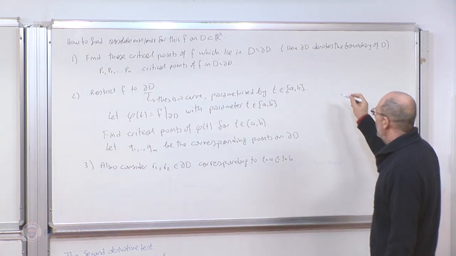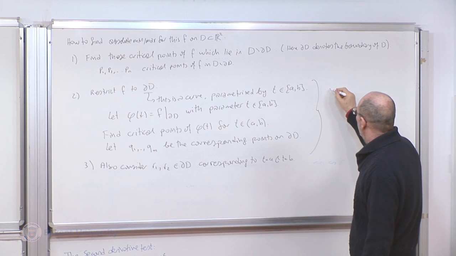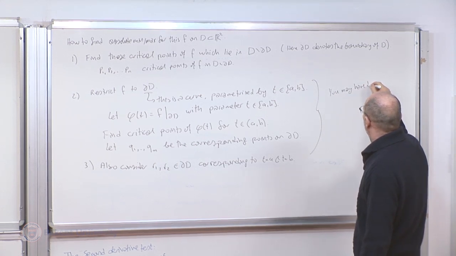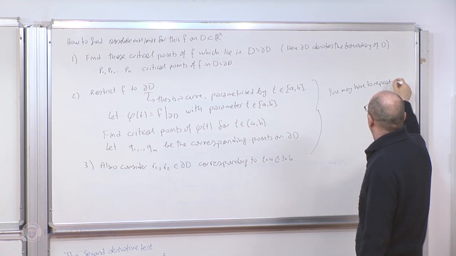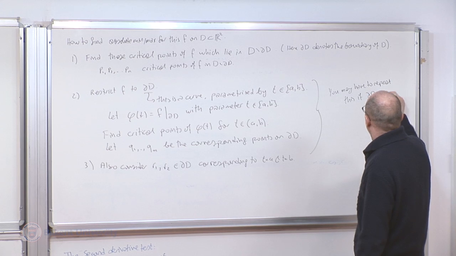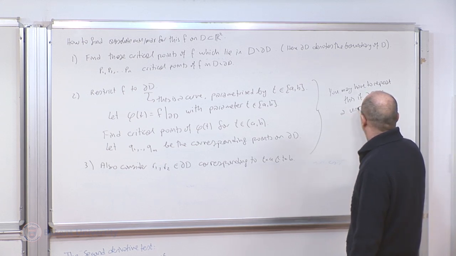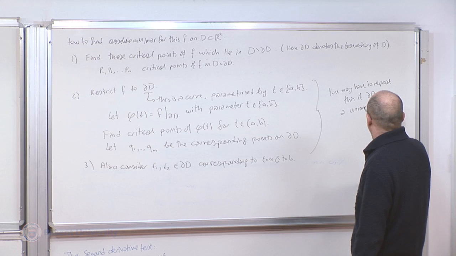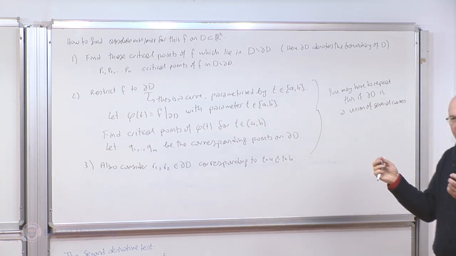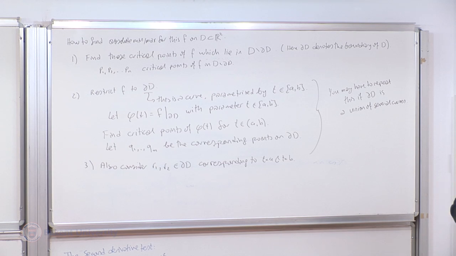Okay, so this part you may have to repeat if the boundary of D is a union of several curves. For example, if it's a triangle, there are 3 straight lines as the boundary.